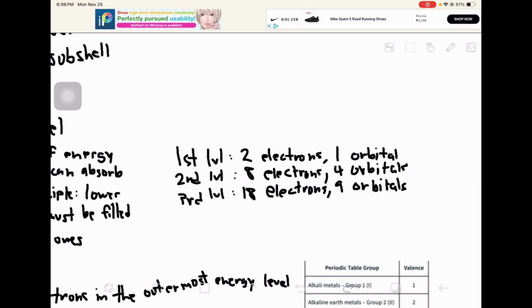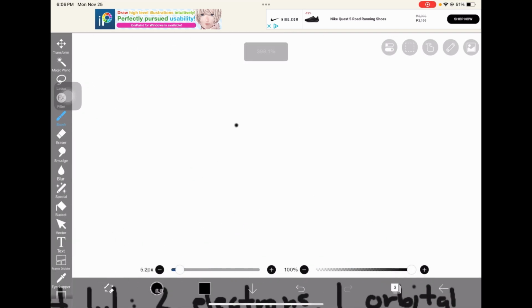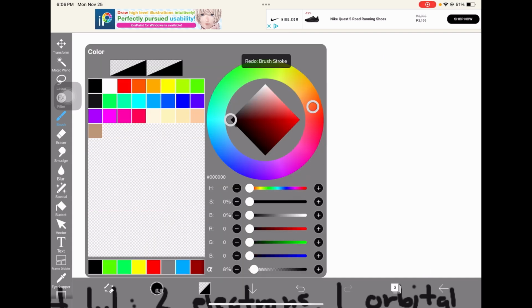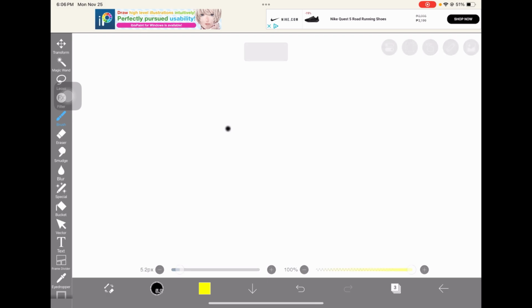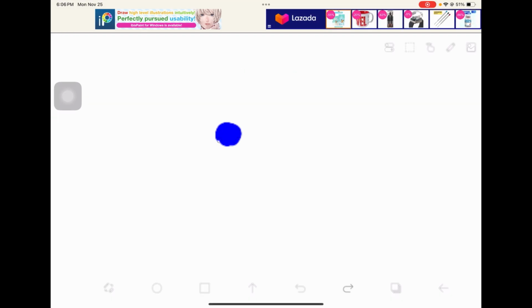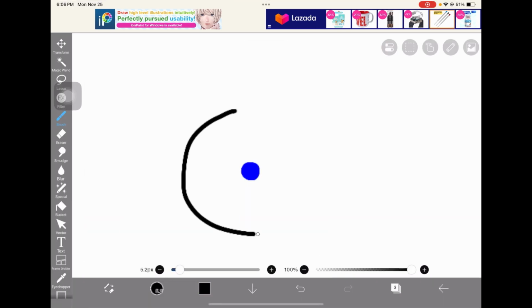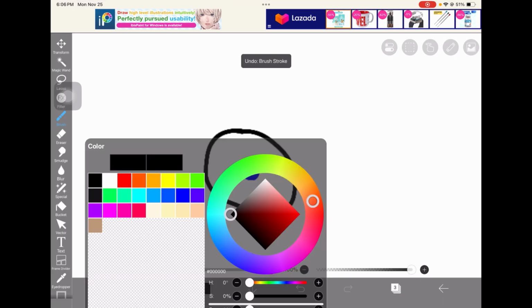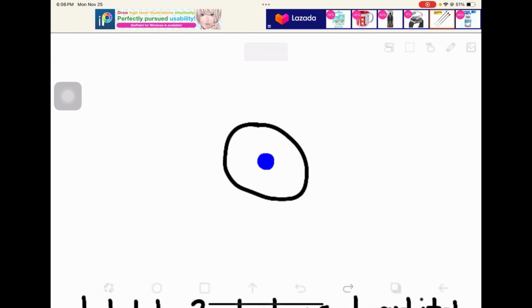So I'm going to give you a visual representation of the Aufbau principle. Suppose that this blue dot here would be your nucleus. And then let's draw a ring around it as our first energy level, and use yellow dots to represent our electrons.